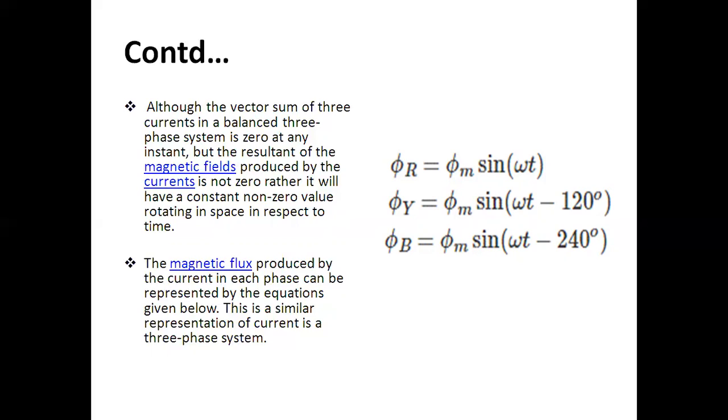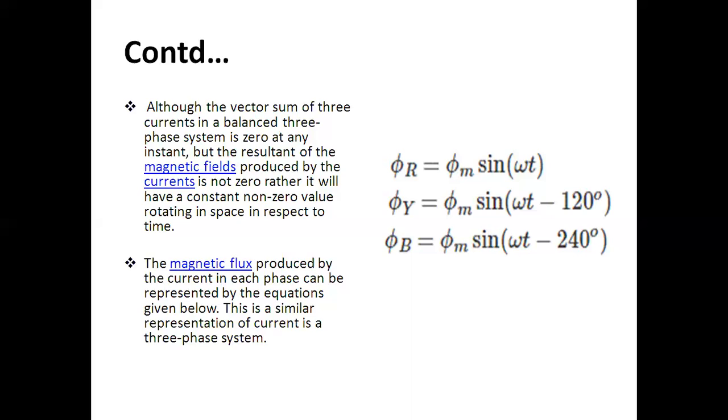So the sum of the three-phase currents in a balanced three-phase system is zero at any instant, but the resulting magnetic field produced by the currents is not zero. Rather, it has a constant non-zero value rotating in space with respect to time.